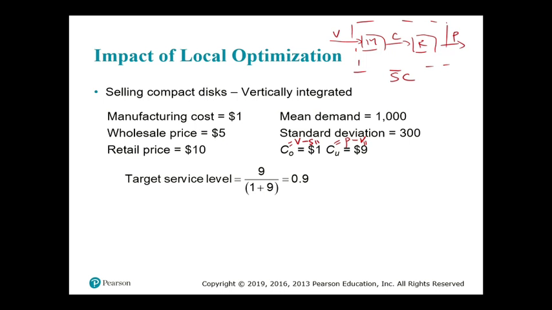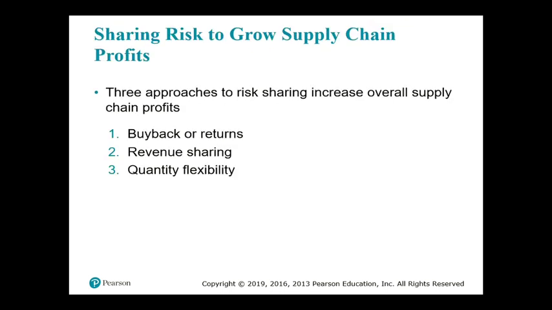So somehow we're going to create a mechanism so that the retailer's inventory risk is reduced. And that can be done by a number of mechanisms. We're just going to name a few. One is the buyback or return contract. And then we also have the revenue sharing contract, quantity flexibility, and a number of other contracts that can do this.